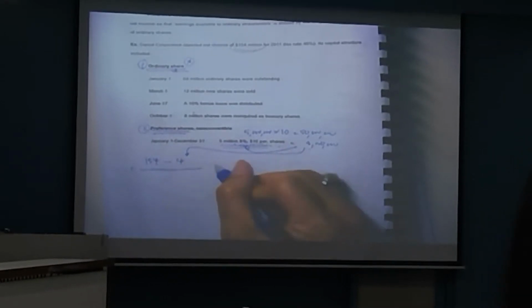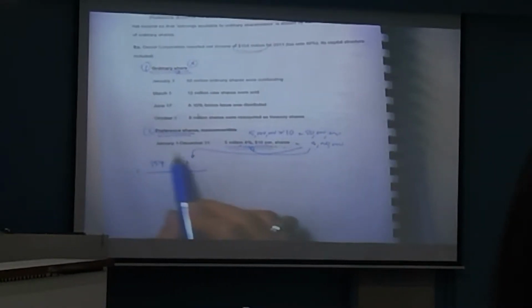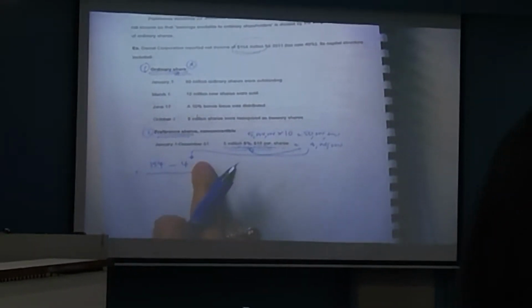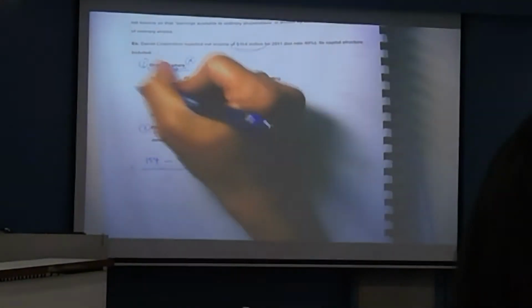So what do you get? You get earnings for ordinary shareholders or common shareholders, after you subtract 4 millions for preference share. And the rest is the same from the previous page.